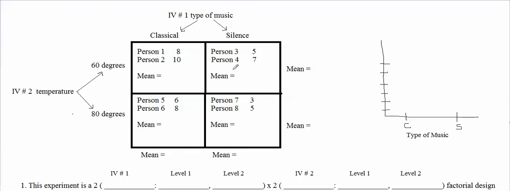To make this graph, this is recall, and then you would plot the two classical averages, which are at 60 degrees and 80 degrees. So let's say that this one comes out here, this one comes out here. Maybe this one is for 60 degrees, this one is for 80 degrees.